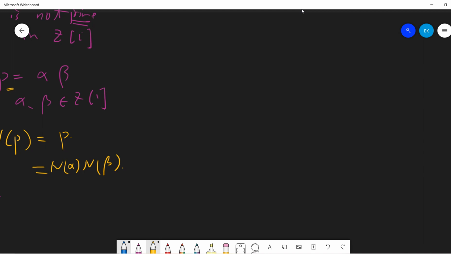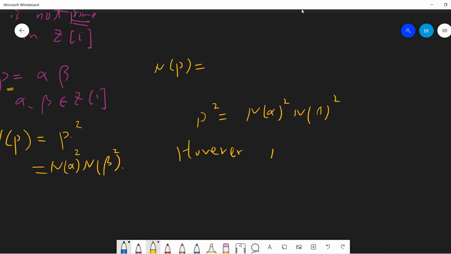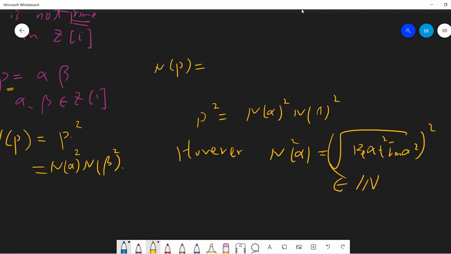So n of alpha is the real part of alpha squared plus the imaginary part of alpha squared, which is also an integer.